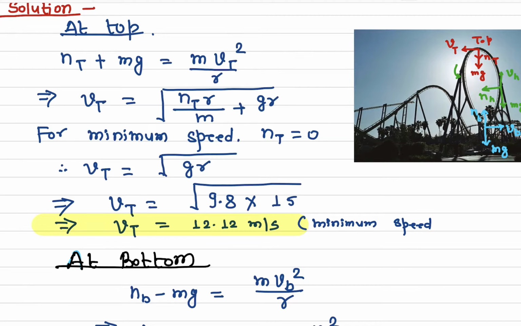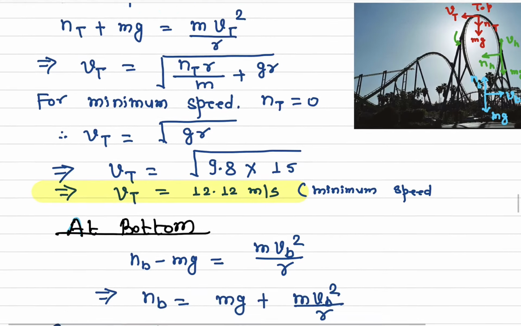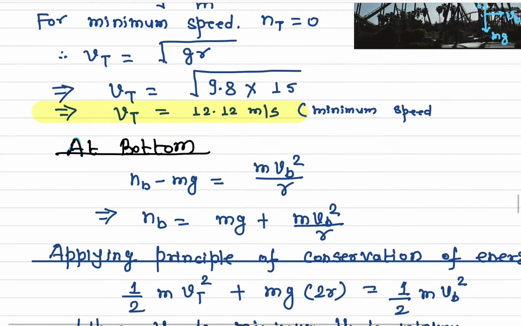This is an ideal situation, ignoring the air drag, ignoring the frictional force. But theoretically or ideally this has to be the minimum speed, and below this speed the car would not be able to make a vertical loop.